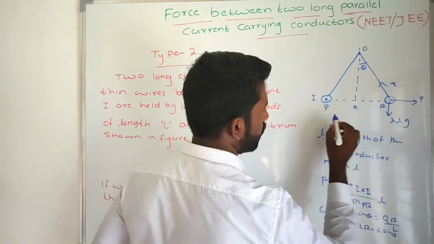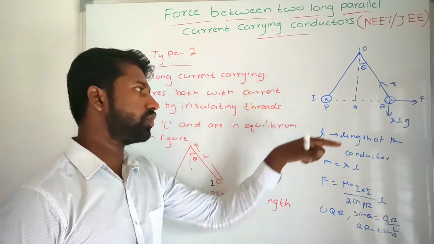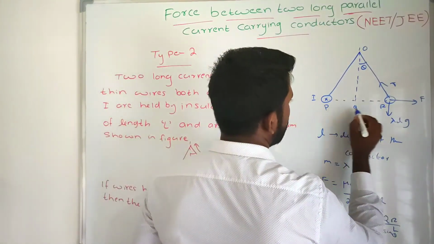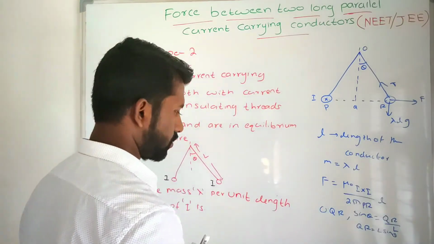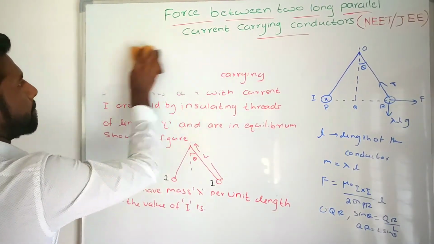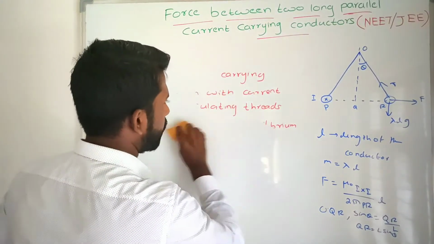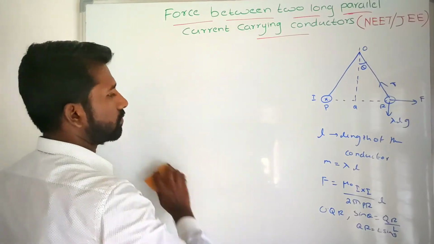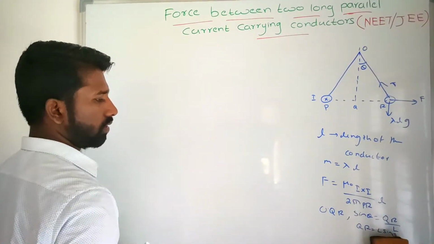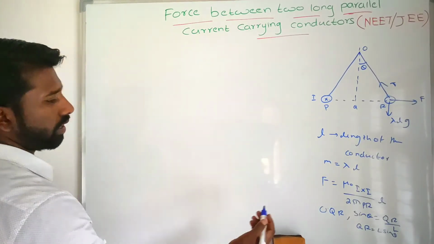Okay. Then what about the PQ? Sorry, PR. PR is 2 times. So this is how much? That is 2 times of that. Okay. So QR is equal to L sine theta.